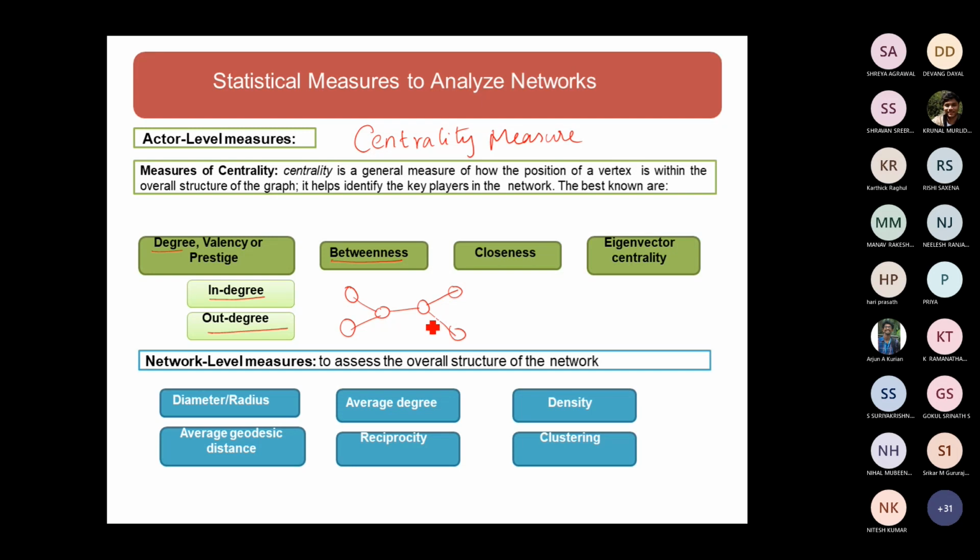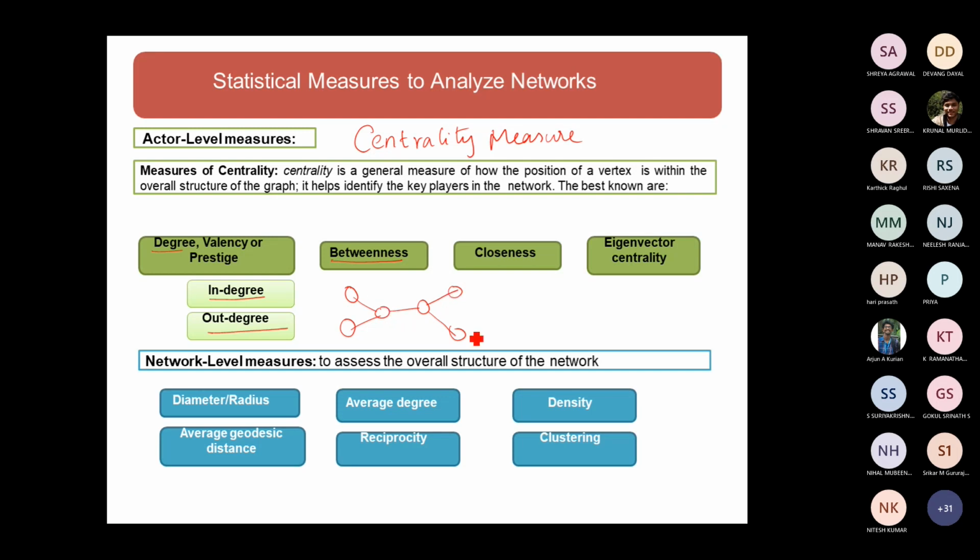Which node will have the highest betweenness centrality? Betweenness centrality is a measure which can be computed as the ratio of the shortest paths that pass through that particular node to the total number of shortest paths available in the given network.